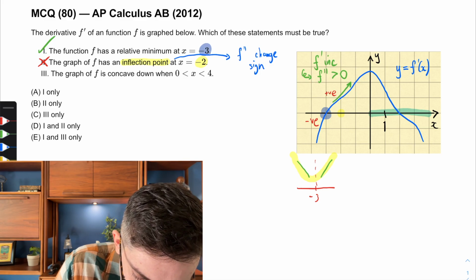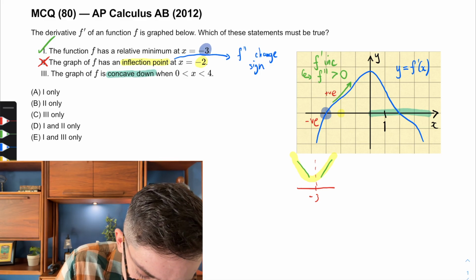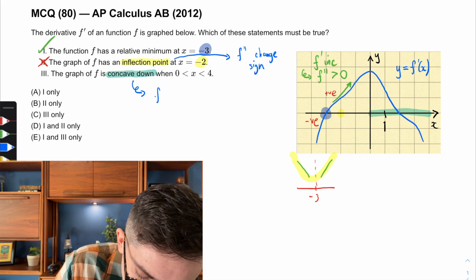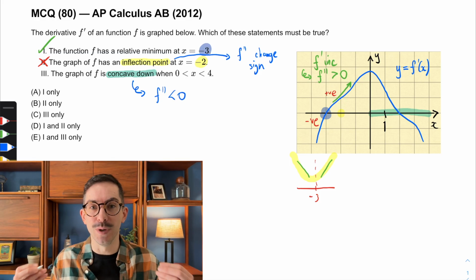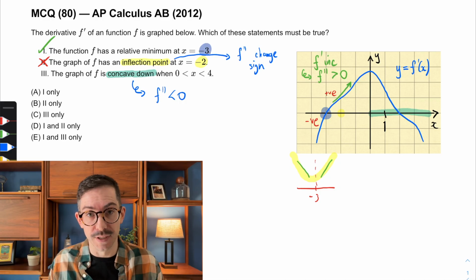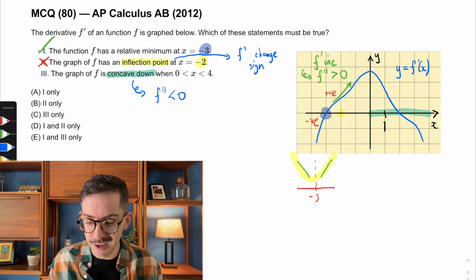So to detect that concave down is occurring, that just means f double prime is negative. That's how we detect concavity, using this being concave down with the second derivative. f double prime should be negative.